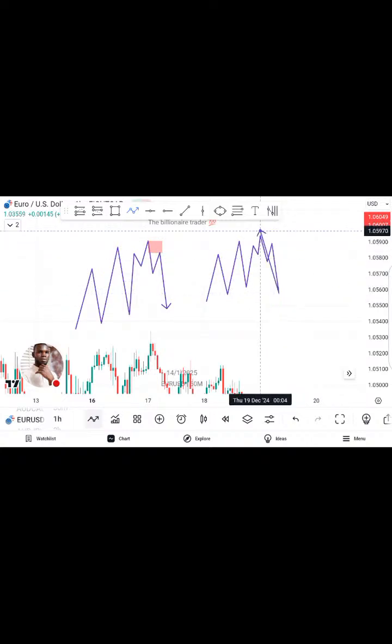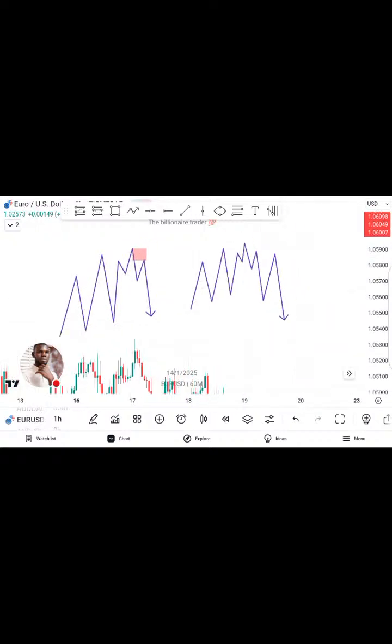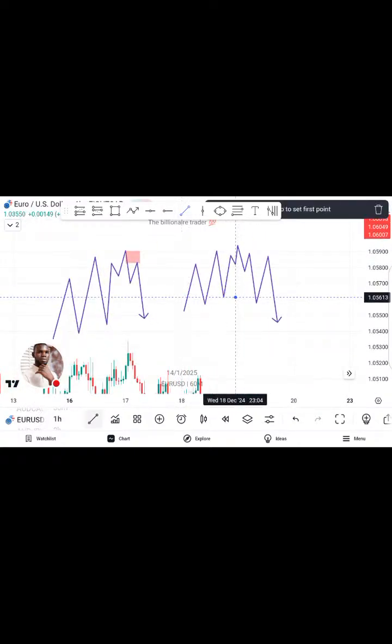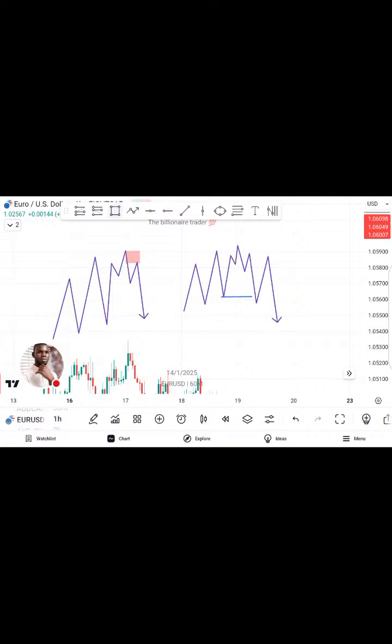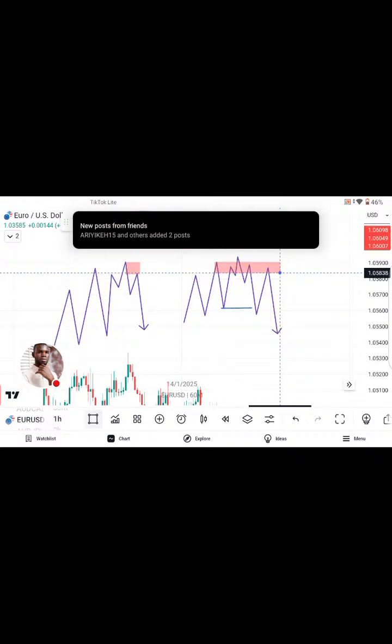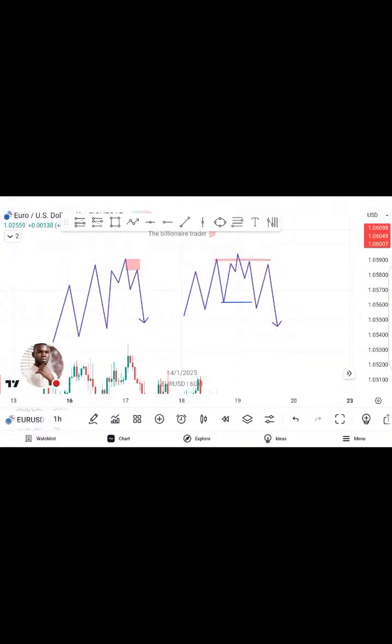And you're expecting that price will come back to this supply zone for the next move. After that reaction, we have this change of character. So price will use that supply zone for the next move. The same thing is applicable for a buy.